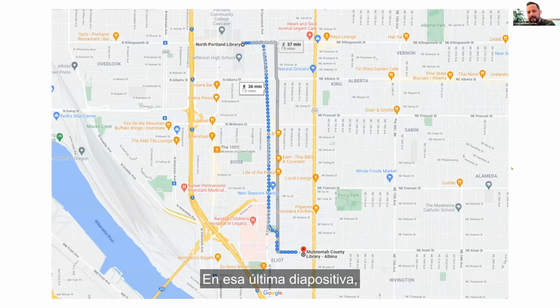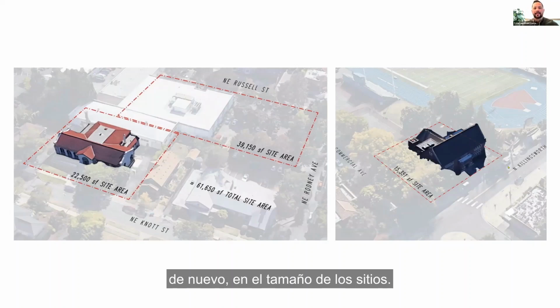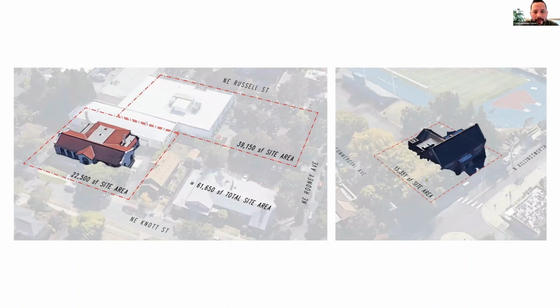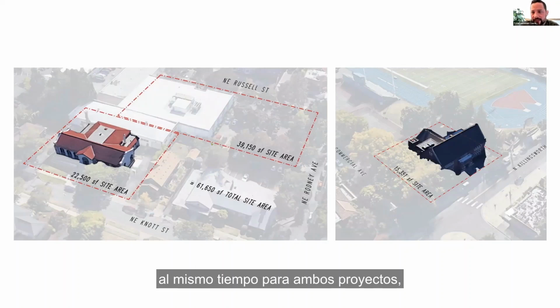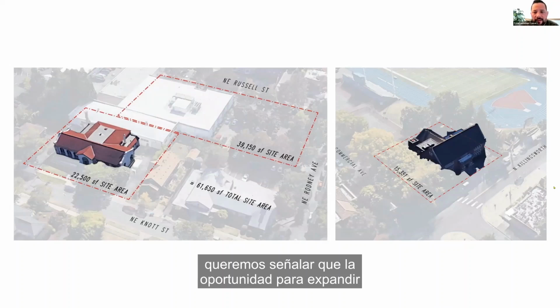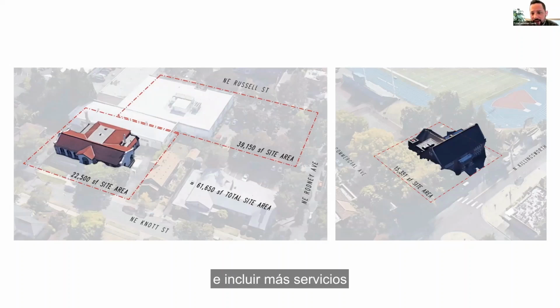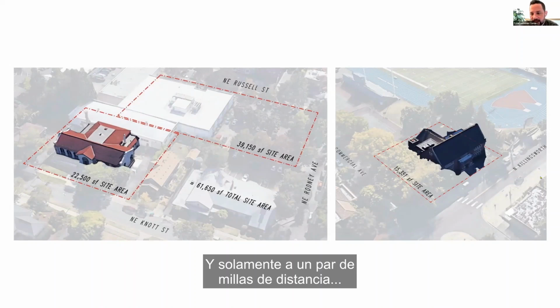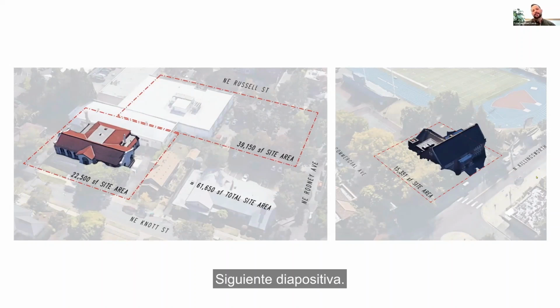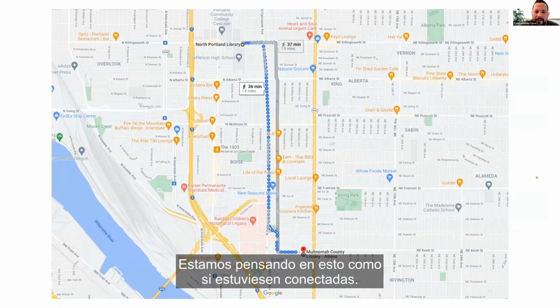On that last slide, I just wanted to point out the difference again in the size of the sites. Although we're doing community engagement at the same time for both these projects, we do want to point out that the opportunity to expand and include more services is different between the two. But at only a couple miles apart, next slide, we're thinking of them as being connected.